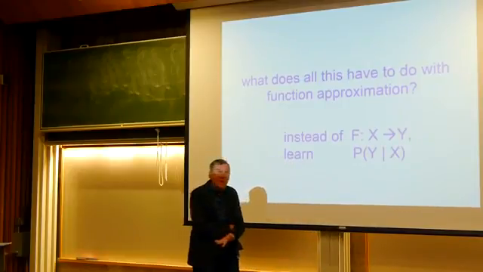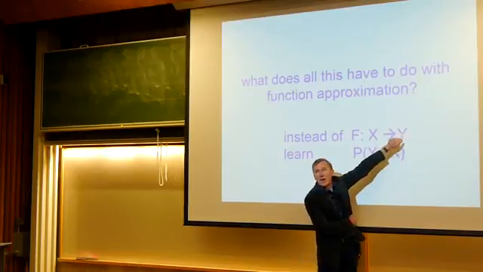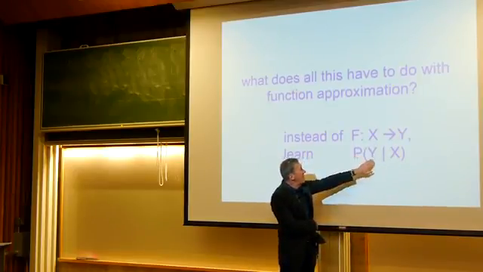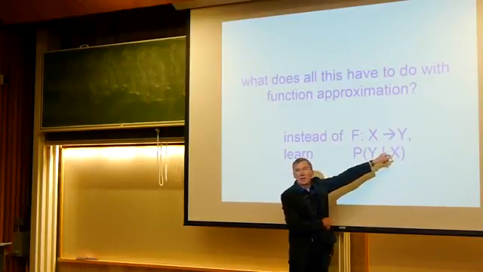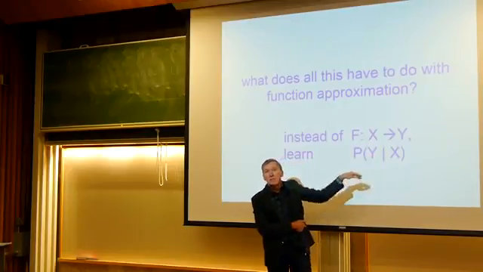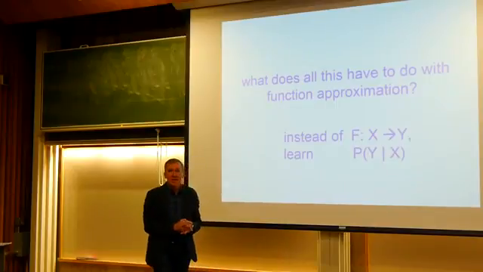So if I want a spam filter, I could say I'm trying to learn a function from emails to yes or no spam. Or I could say I just want to know the probability that any given email, described by whatever features we're going to use, has spam equals yes or spam equals no. It's kind of the same question.